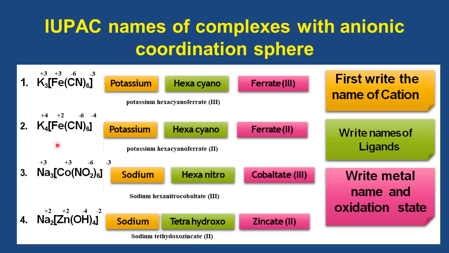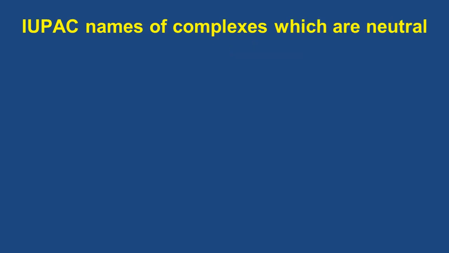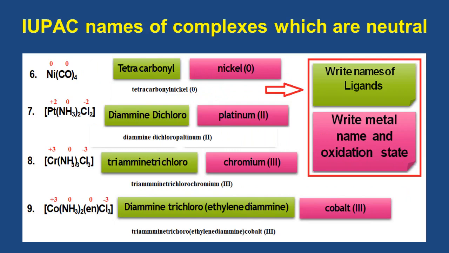Students, now we are going to practice some complexes which are going to be neutral on the whole. So the first example over here, you can see, contains carbonyl as a ligand. Now students, you know that carbonyl is a neutral ligand, so the oxidation state is going to be 0. Similarly, if the coordination complex is neutral on the whole, it should have a net charge of 0.